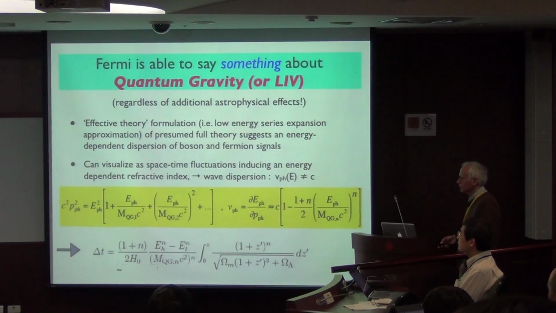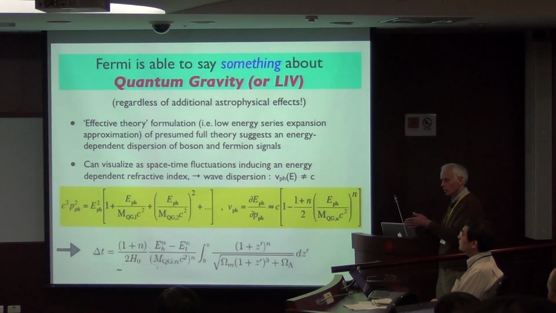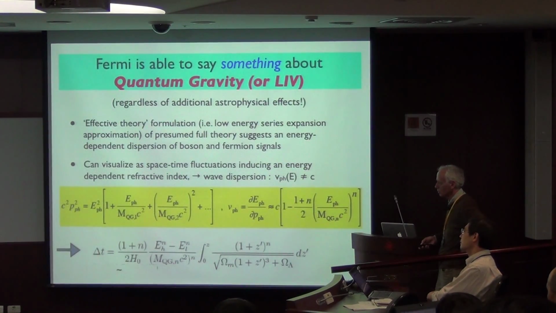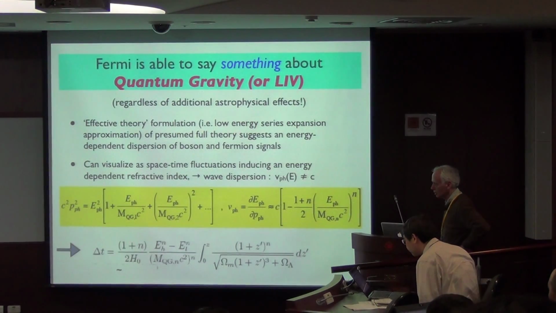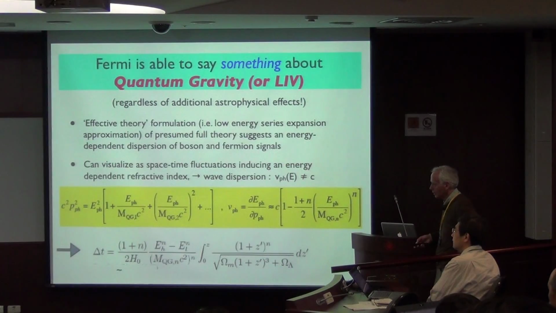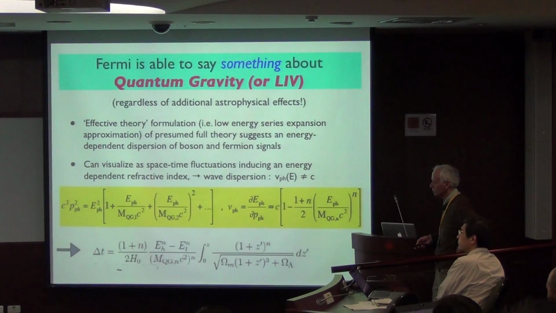And that means that you can have photons of different energies traveling at an effective different velocity. And so that would imply that there is a time delay between high energy photons and low energy photons, which depends on the quantum gravity energy scale for n power, where this is n equals 1, n equals 2, and 3, etc. And then these are just the normal cosmological terms.